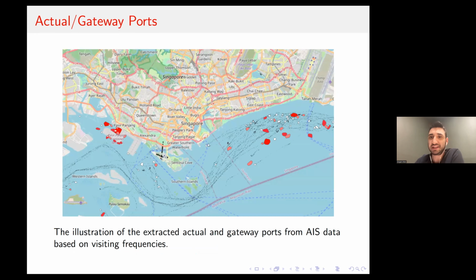On the right-hand part, we see the waiting regions where vessels most of the time wait. A higher density of color means that vessels are waiting there more, I mean their visiting frequency is high in those regions. On the left-hand side, you can see the actual ports and the clusters where they wait because they are now in the port region. In this work, our task is to distinguish these waiting regions from these actual ports.